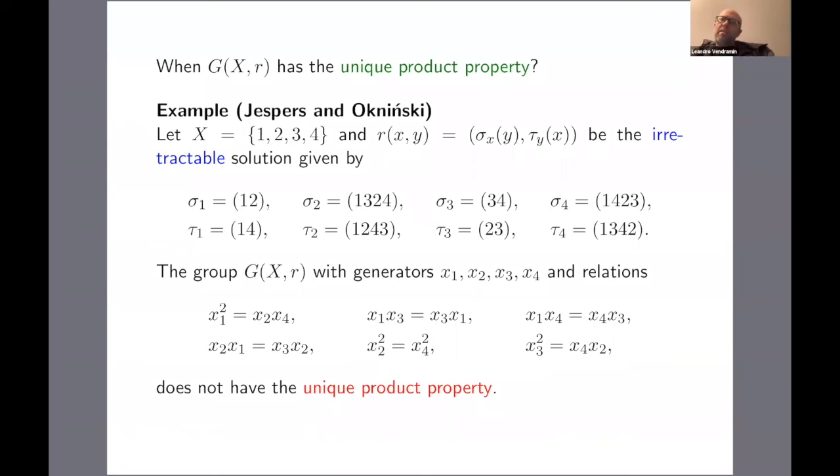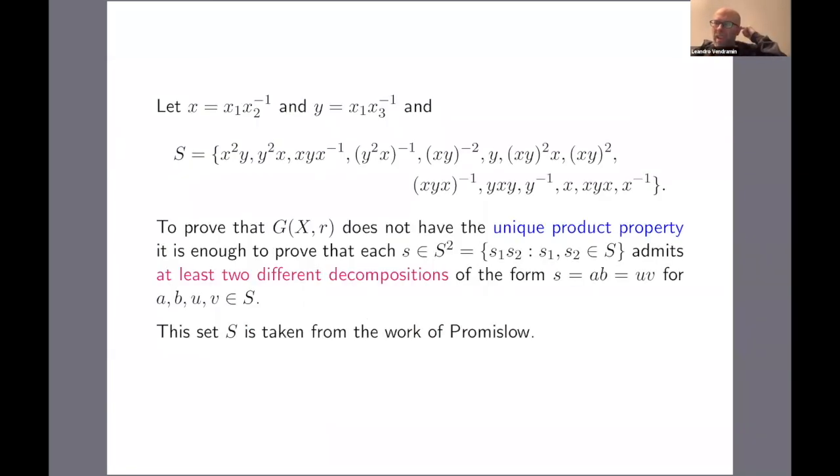The proof that they found is quite hard, for me at least. Here I have, I think, an easier proof. So in the theory of groups with the unique product property, you find the Promislow group, right? Which is a famous group that you might find, which is an example of a group that does not have the unique product property.